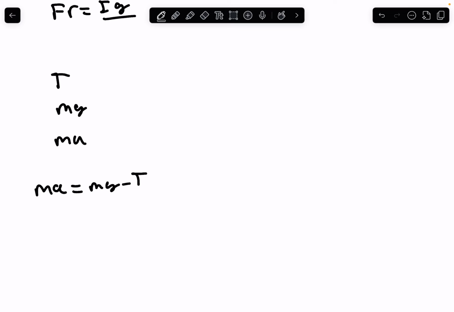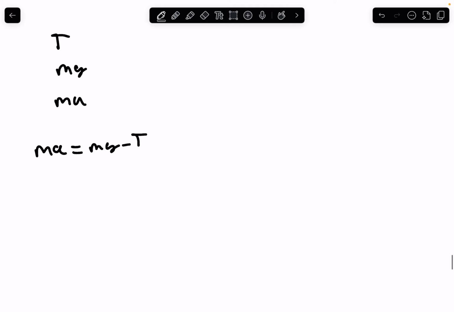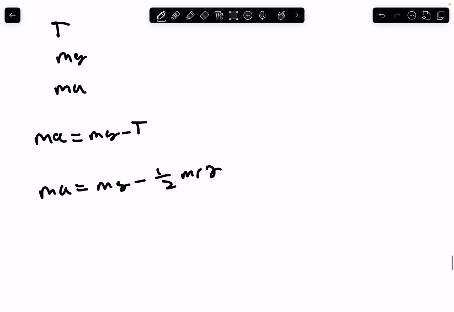And since we have it here, ma equals 0, or is it equal to 0? Yes, so we have ma here equals mg minus half mr alpha, and since a equals r alpha, we have mr alpha plus half mr alpha equals mg.